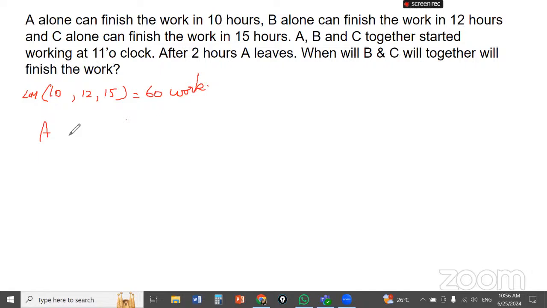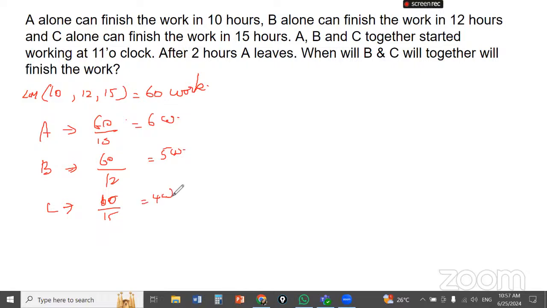So A alone means he will be doing 6 works per day, and B, and then C. This is what they'll be doing, right?